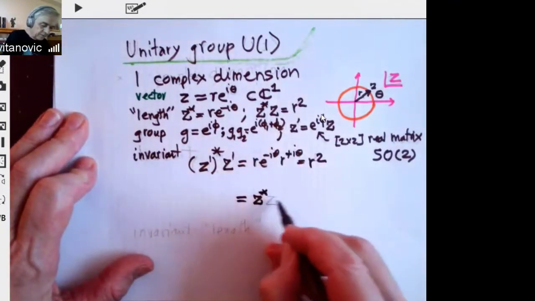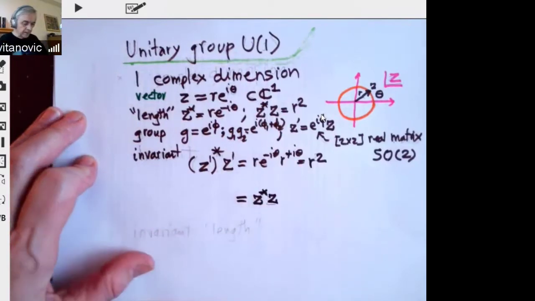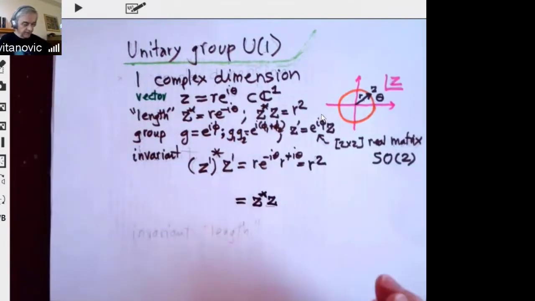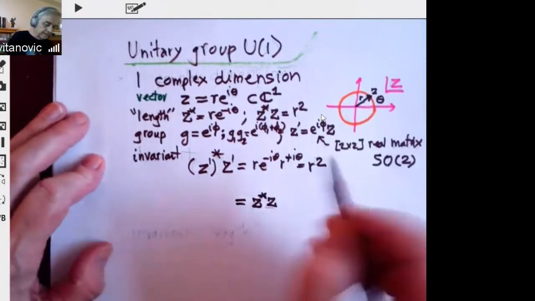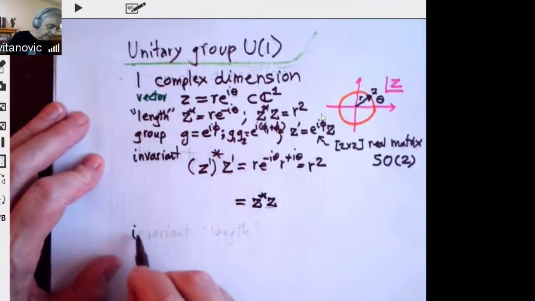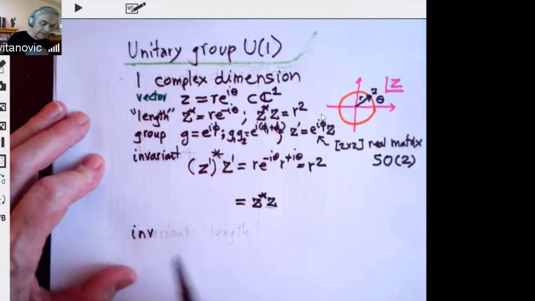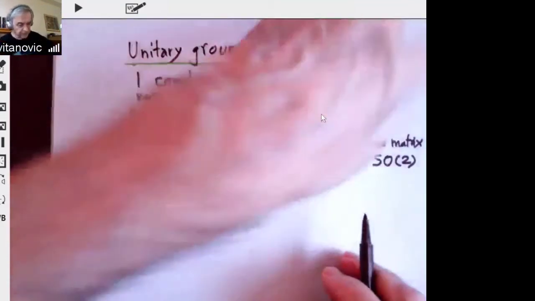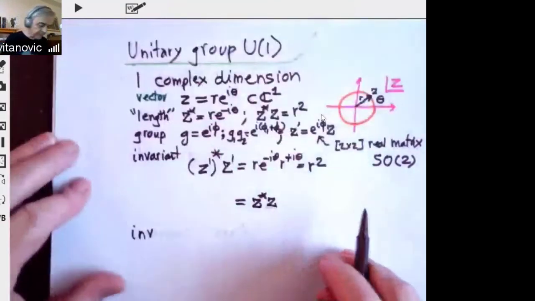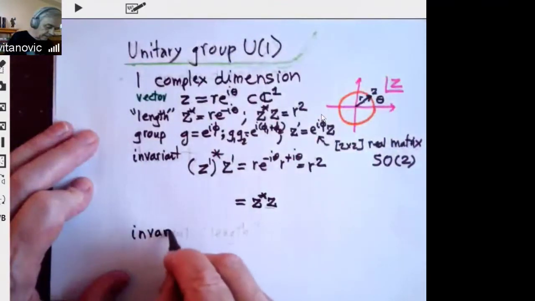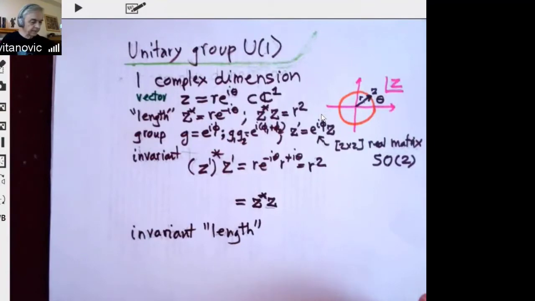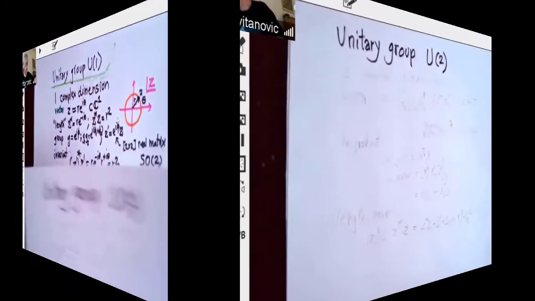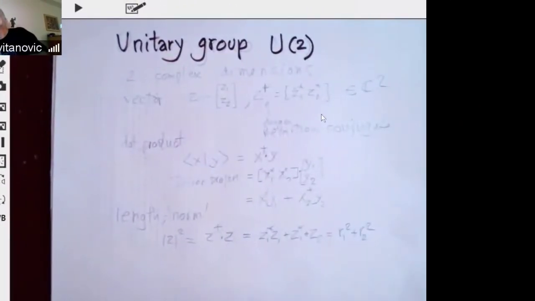So unitary group U1 rotates things in a complex plane while preserving the length. And the crucial thing is that of all possible transformations you could do in this complex plane, it's the one that has an invariant length. That's unitary group U1.